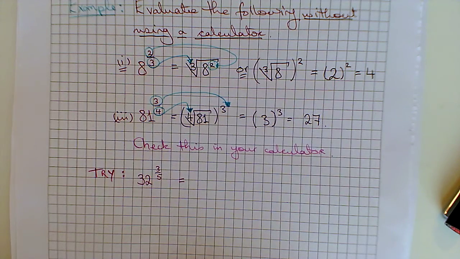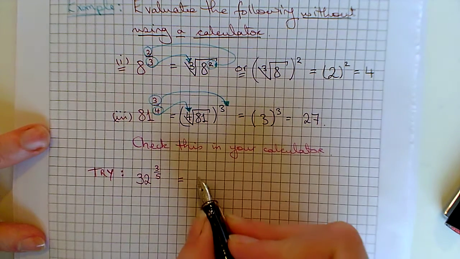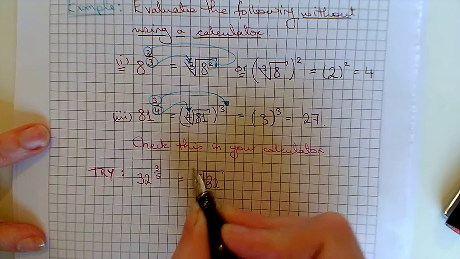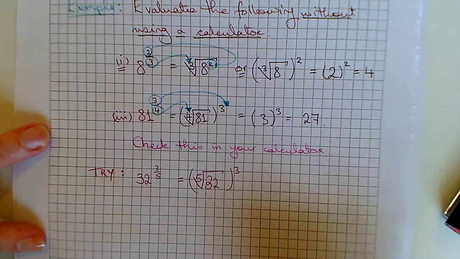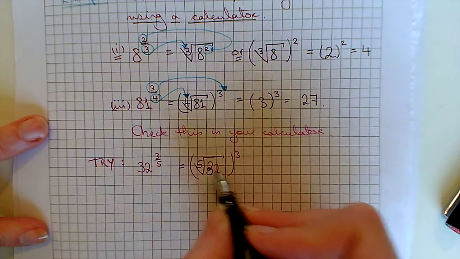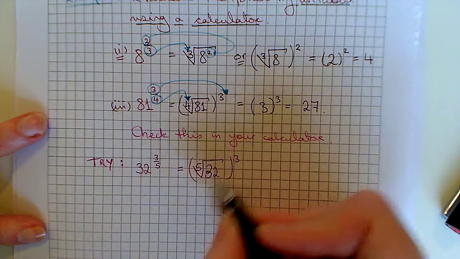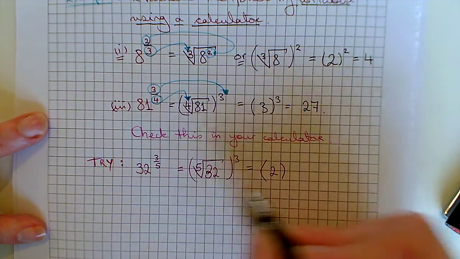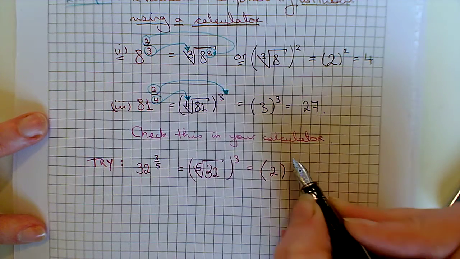Good. Did it work out for you? I have no way of checking, but I'm going to write down the answer anyway. So this should be the 5th root of 32, all to the power of 3. Now, if you don't know your 5th roots and things like that, you can use the calculator at this point. The 5th root of 32 is 2, because 2 to the power of 5 is 32.